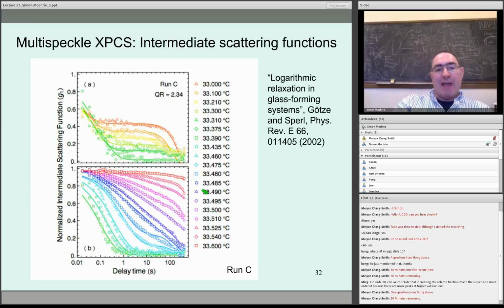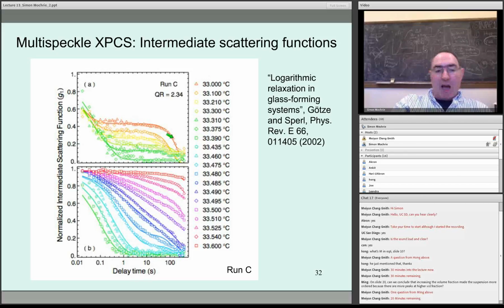So this is now looking at one particular wave vector for various different temperatures. Starting with the orange one, which is the lowest temperature, I'm cranking up the temperature. So I go from something that looks pretty glassy. It's glassy because I have this long plateau region where nothing is decaying.